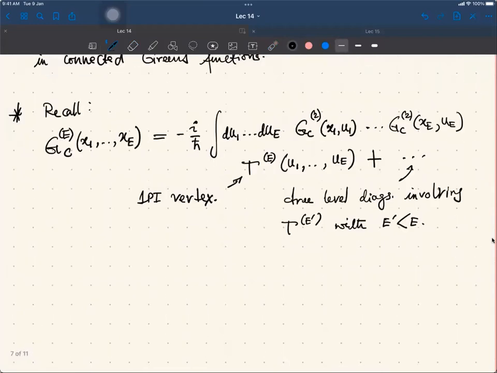So this means, we had studied this 2-point function also, this G_c^2. It has contribution from 1PI 2-point functions.